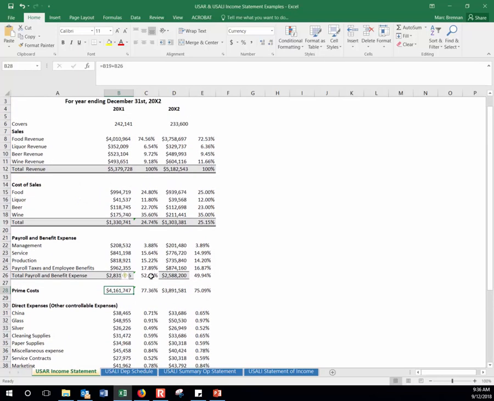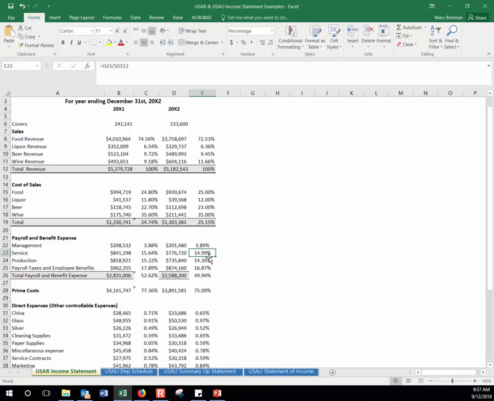Our labor as a percentage of total revenue was higher in 2011 compared to 2012. So 52.62% of our revenue was taken up by our labor expenses. That's how you would read that. In 2012, it was pretty much 50%.